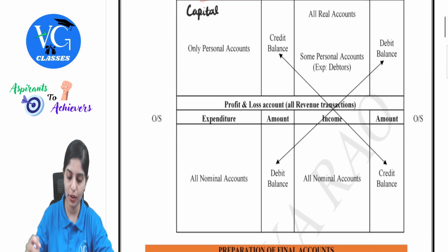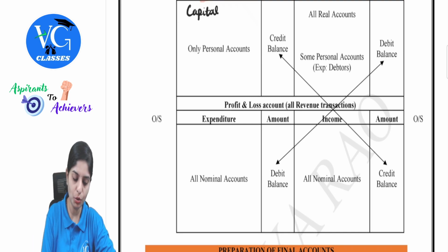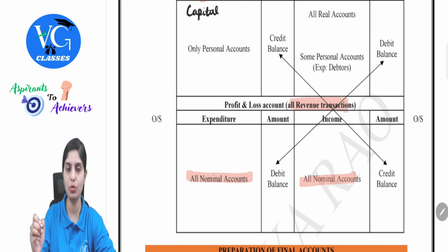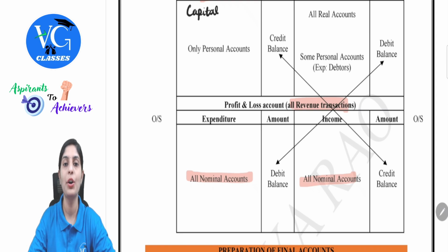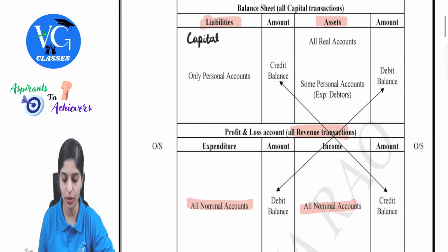And the profit and loss account, or your trading account for that matter, includes what? All revenue transactions. This includes particularly all nominal accounts. What does a nominal account include? Your items of income or expense, loss or gains. So that appears in your profit and loss account.